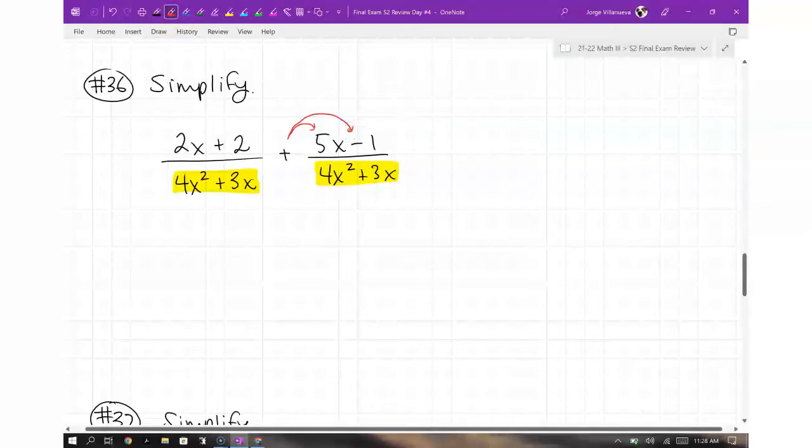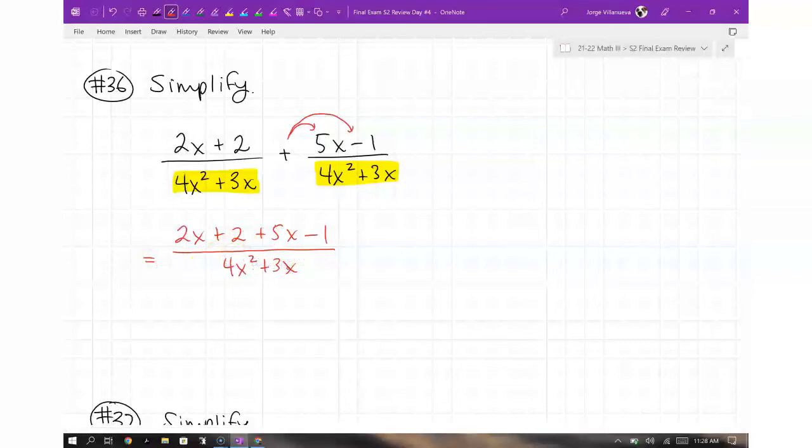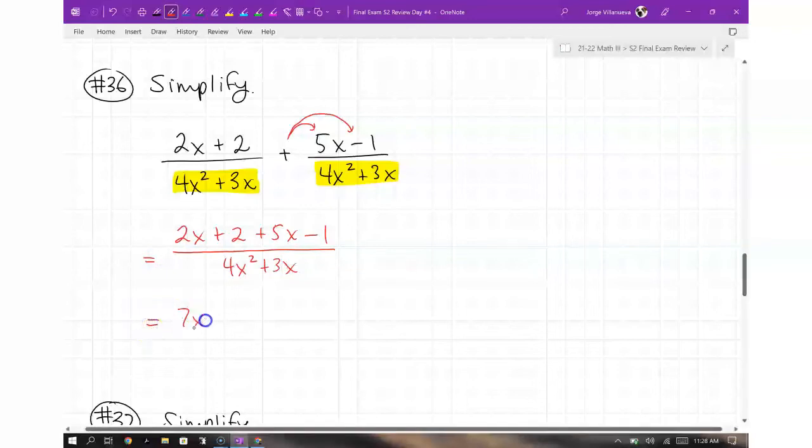They all keep the same signs. So this will be 2x plus 2 plus 5x minus 1 over 4x squared plus 3x. And then combine your like terms. 2x plus 5x is 7x. 2 minus 1 is positive 1 over 4x squared plus 3x. And there's your answer.